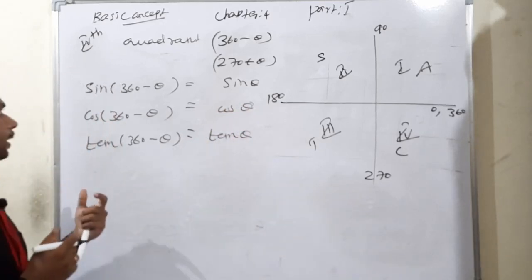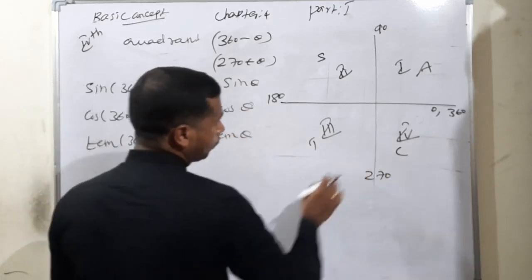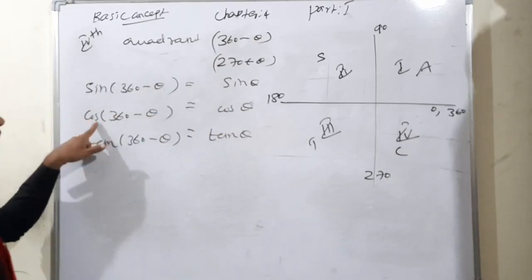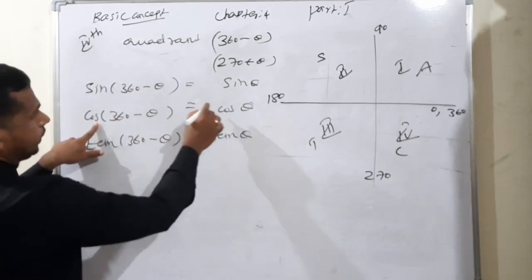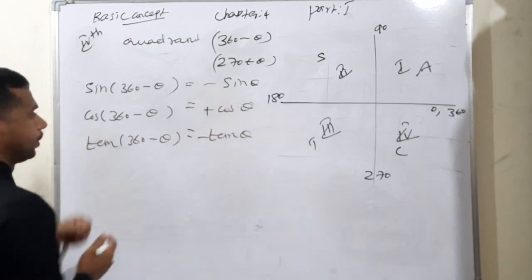Now the fourth quadrant means only cos is positive. So cos 360 minus theta is positive, here also negative, here also negative.